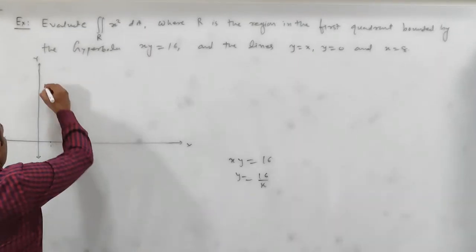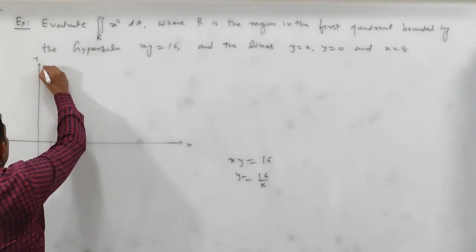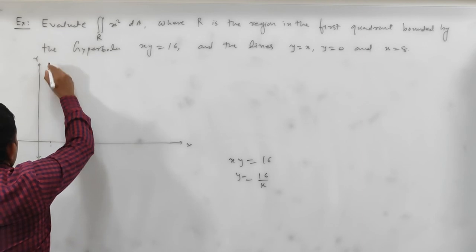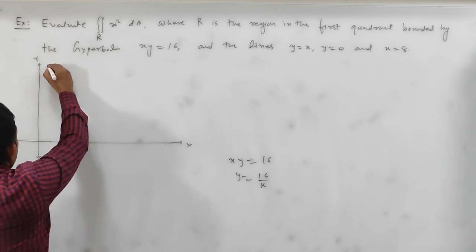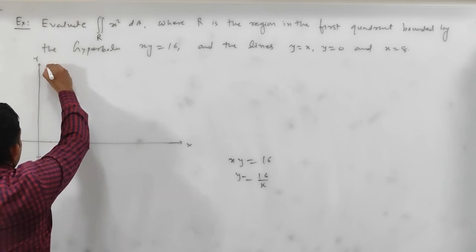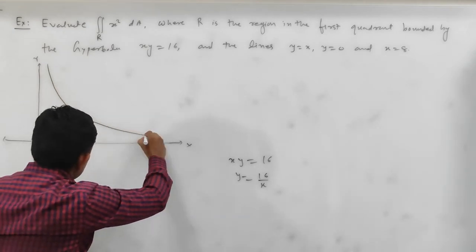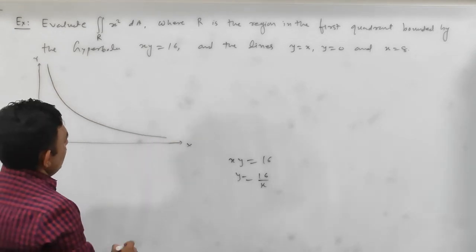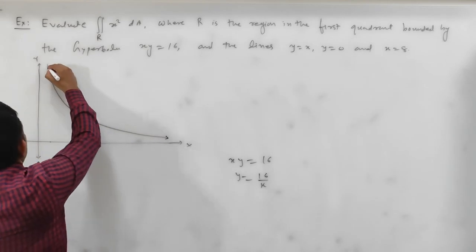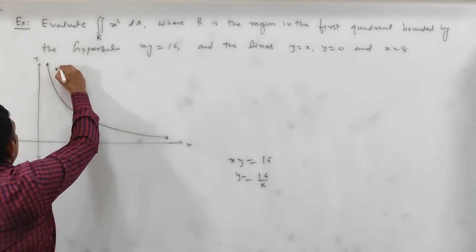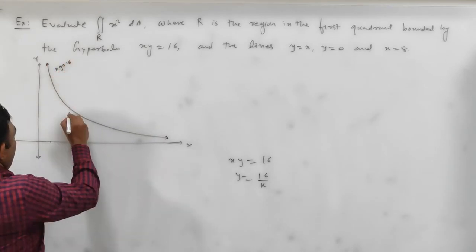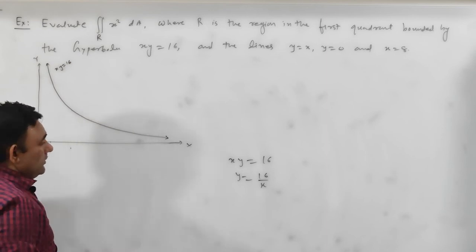So the graph will look like this. I am interested in just a rough sketch. This will be the graph of xy is equal to 16, and this point will be 1 comma 1.